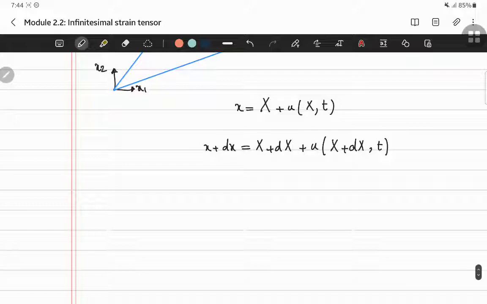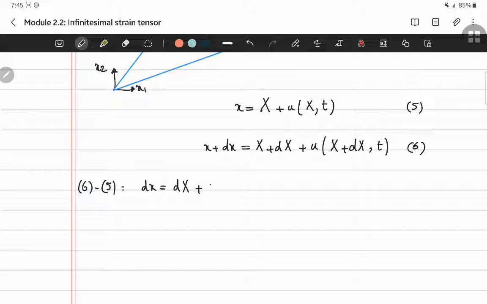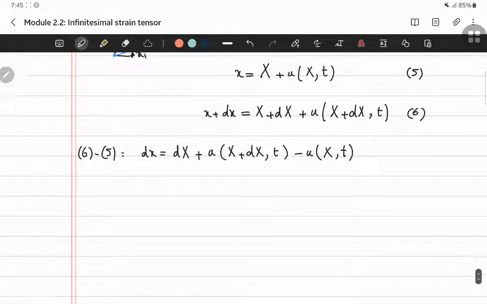So if we subtract these two equations from each other, say equations 5 and 6, we subtract 6 from 5, then we get dx is equal to u(X plus dX, t) minus u(X, t).